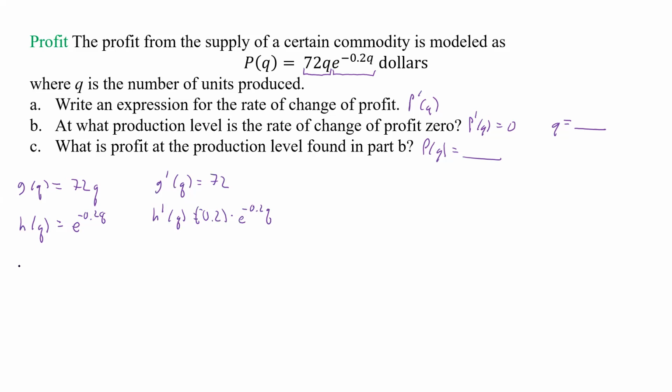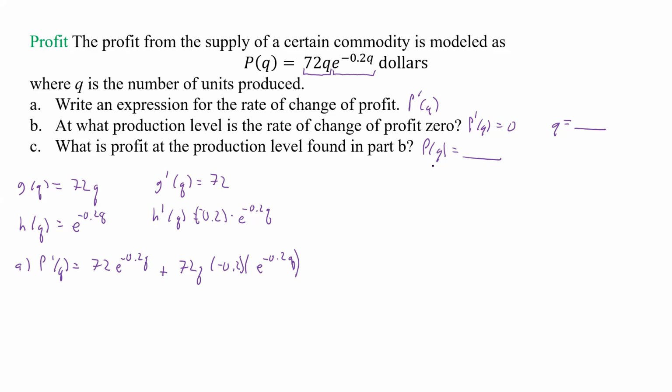So part A says find P prime of Q. Well, that's going to be 72 e to the negative 0.2 Q plus 72 Q times negative 0.2 times e to the minus 0.2 Q.